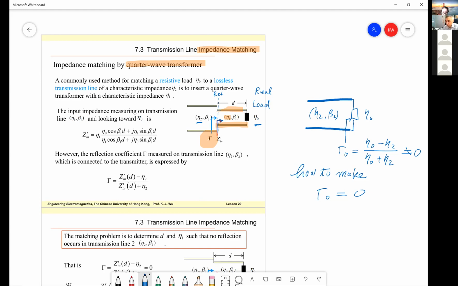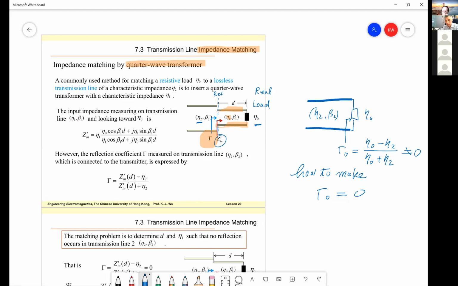You see, on the transmission line eta 1 side, I define a reference plane. At this plane, I couldn't say what lambda 2 or what eta 2 transmission line is, because I only look toward the right, so I don't know what happened on the left. So at this point, first I can find the impedance.